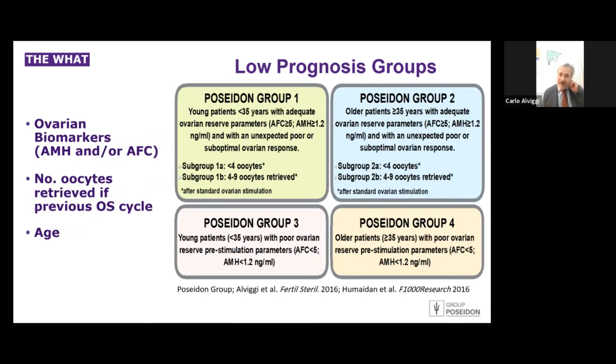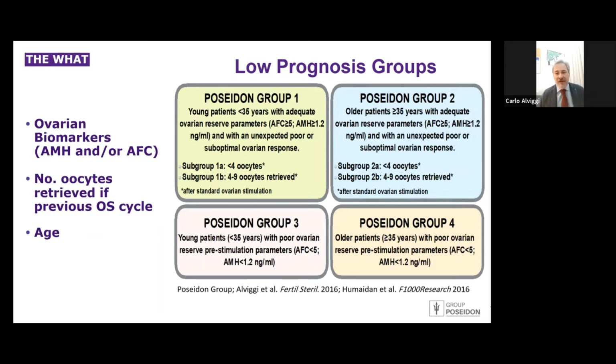So here the idea is different, because patients are classified according to prognosis in 4 groups, having in mind ovarian biomarkers, meaning ovarian reserve, if available as information, the number of oocytes retrieved in the previous cycle, and the age.